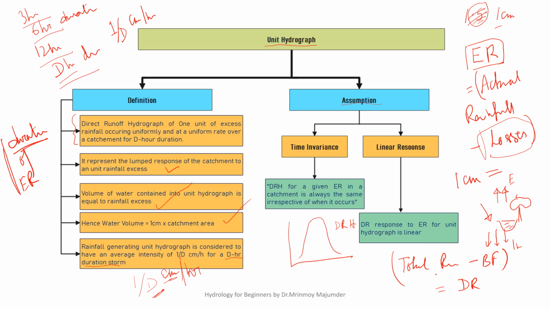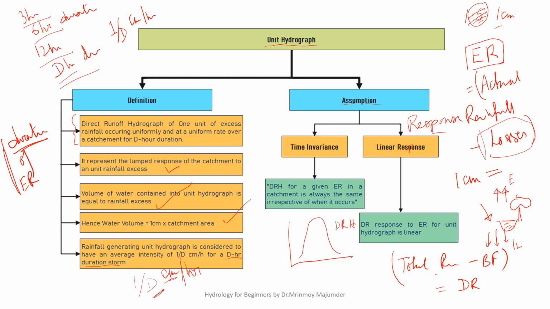What are they? They are time invariance and linear response. Time invariance should be linear response. Look, what does this assumption imply? The assumption implies the DRH, direct runoff hydrograph, for a given excess rainfall ER in a catchment is always the same irrespective of when it occurs.